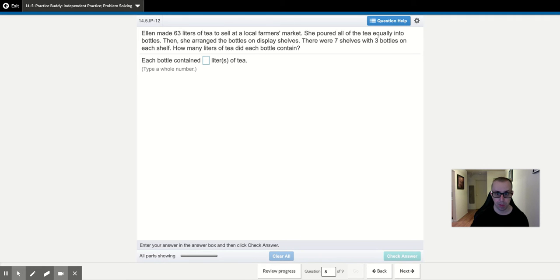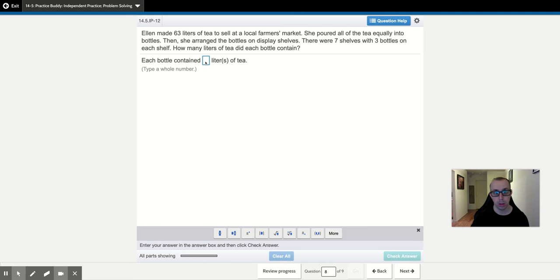So here's your number of bottles, and here is your total number of liters. Each bottle contains how many liters? We know the number of bottles is 21. To think of 63 divided by 21, add up 21 as many times as you can until you get to 63. That number of times will be your answer. Tricky one.